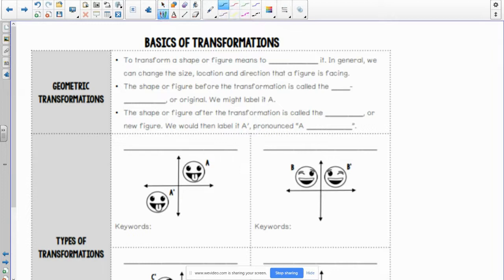If you look at our first sentence here, it says to transform, hence the reason why they're called transformations, because the word transform is in there. To transform a shape means to change it.